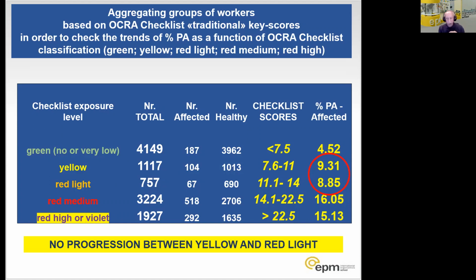And this progression was computed with the prevalence ratio of the different levels of exposed groups with respect to the non-exposed or low exposed group. However, as a first attempt, we reported the percentage of affected persons in the different groups, and you see there was no clear progression between yellow and red light.